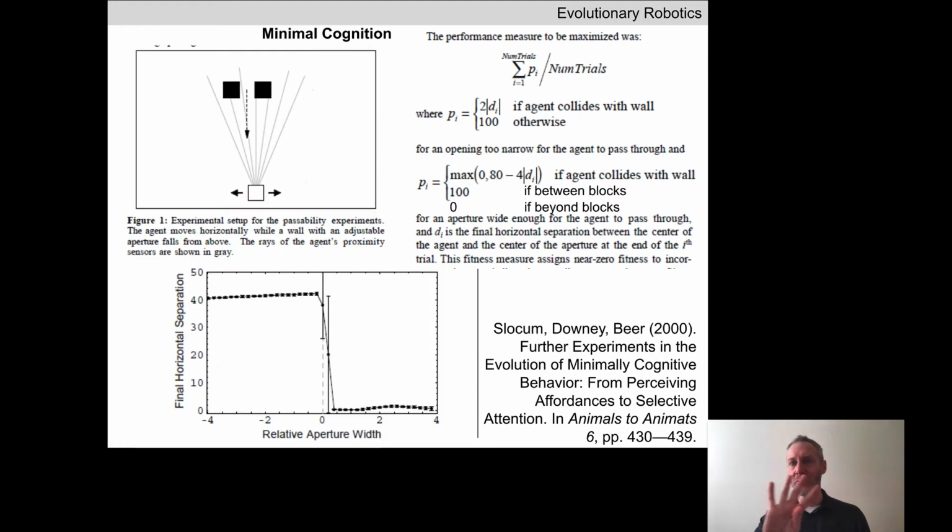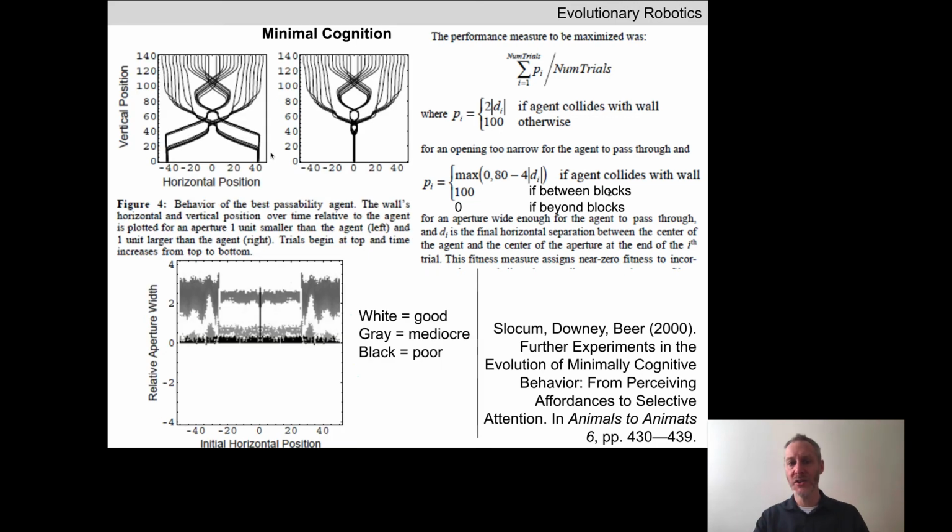Remember, the agent is moving back and forth, and it is brushing these virtual whiskers underneath the undersides of the object pair. The object pair is falling directly above the agent, and the agent can definitely see this object pair, can definitely sense the gap between the objects, and it runs away.